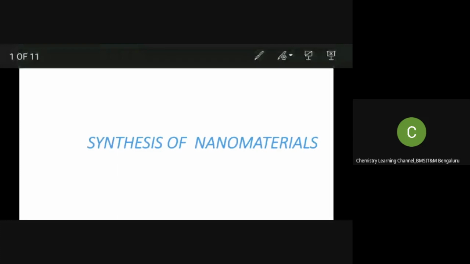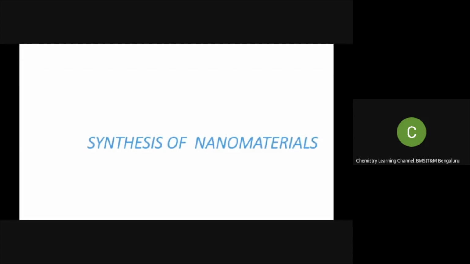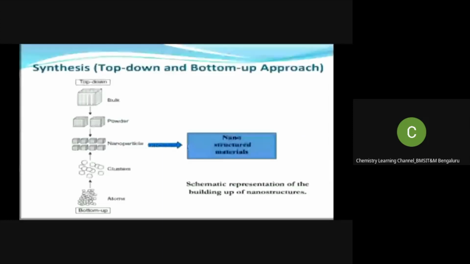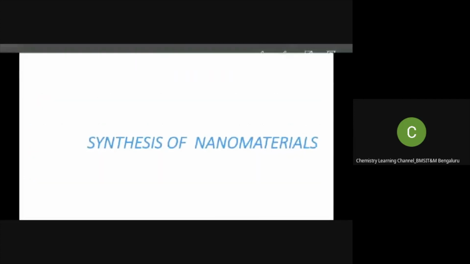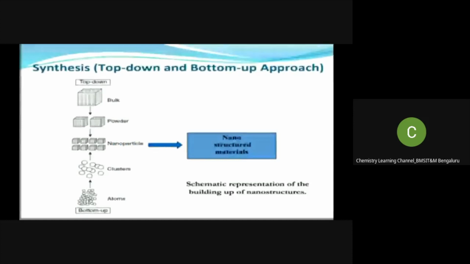My topic is on synthesis of nanomaterials. There are two approaches for synthesizing a nanomaterial, that is the top-down approach and the bottom-up approach. In the top-down approach, the bulkier or large materials are broken into smaller pieces, which are nano-sized particles.